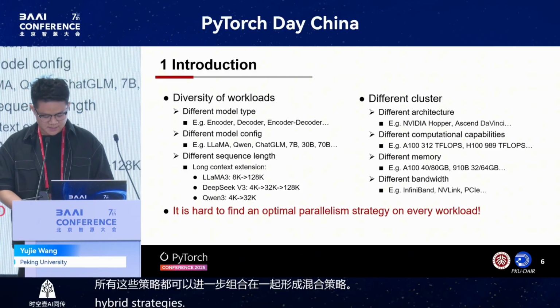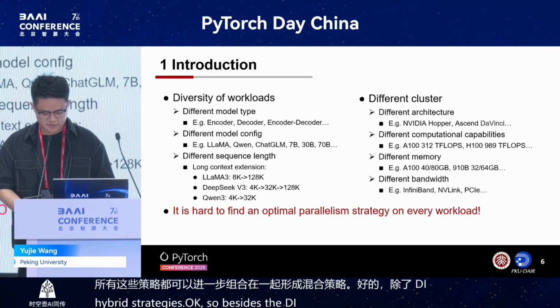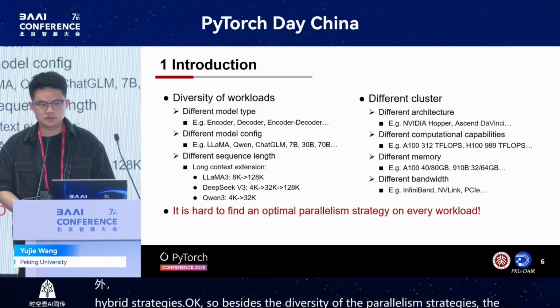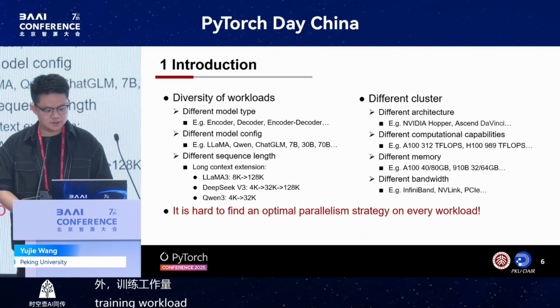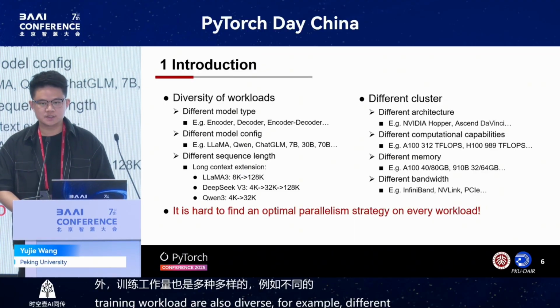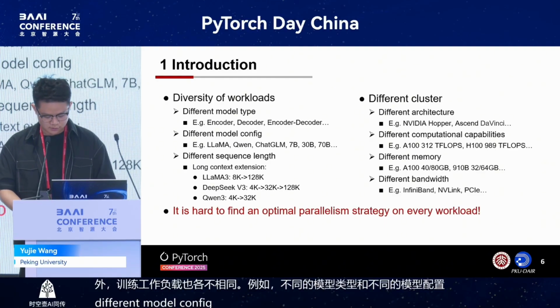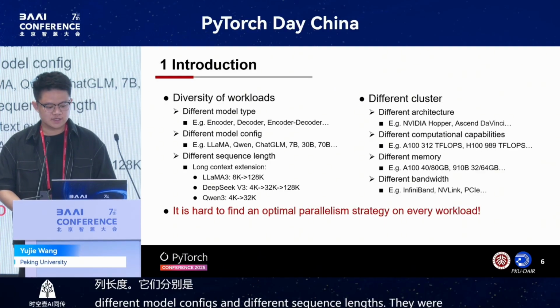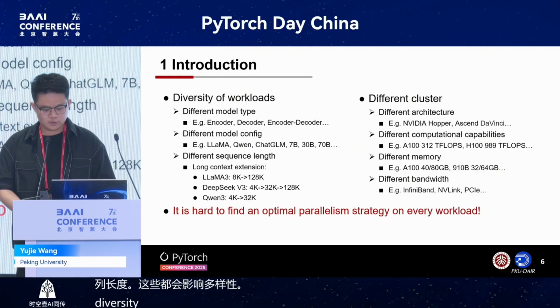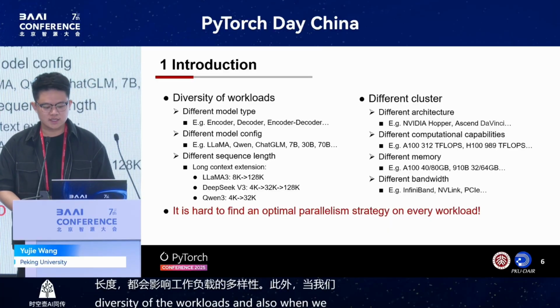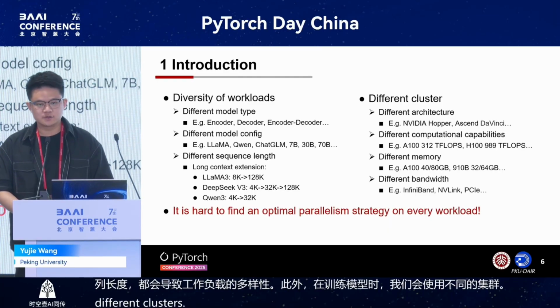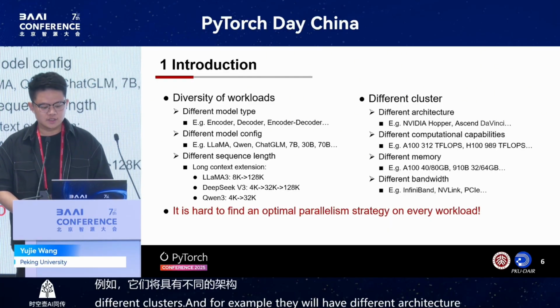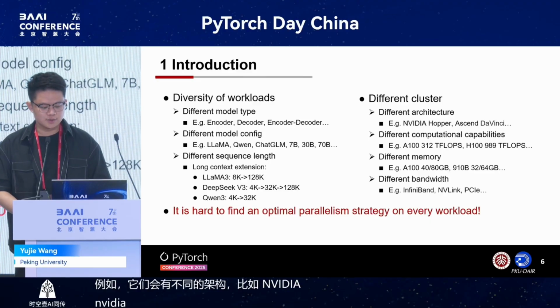Besides the diversity of the parallelism strategies, the training workloads are also diverse. For example, different model types, different model configs, and different sequence lengths all cause diversity of the workload. Also, when we train the models, we will have different clusters. For example, they will have different architectures, like NVIDIA Hopper and also Ascend NPUs.